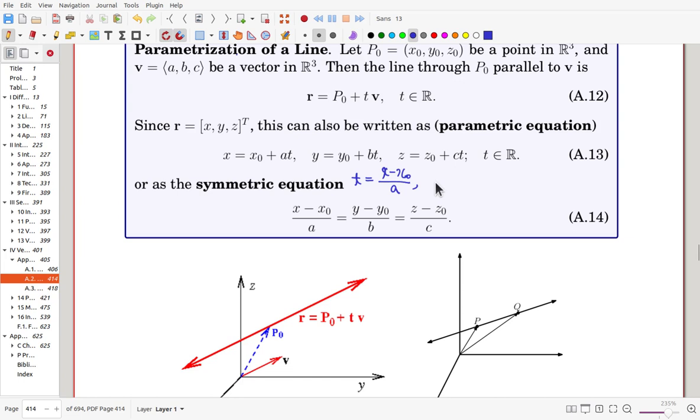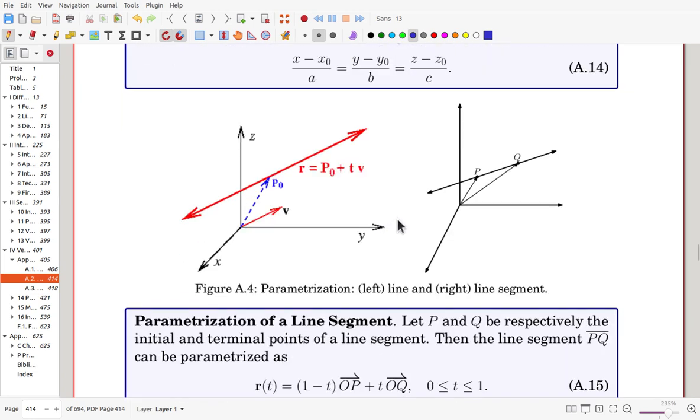From the second one, t equals y minus y0 over b. From the last one, t equals z minus z0 over c. So for the same t, we can put them equal to get this symmetric equation.